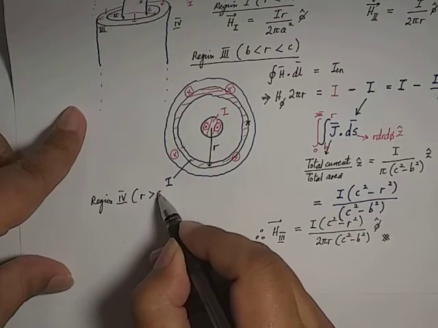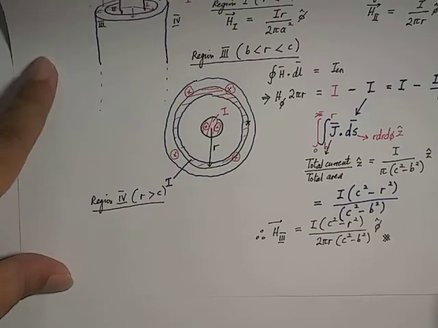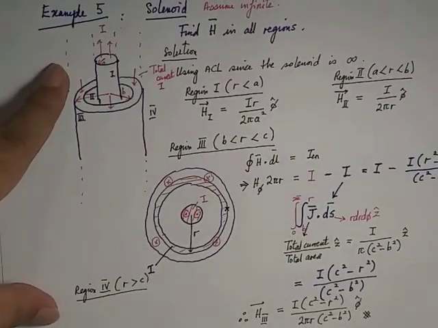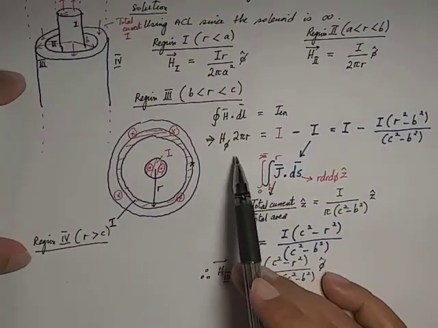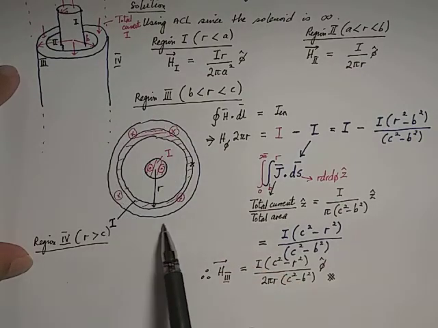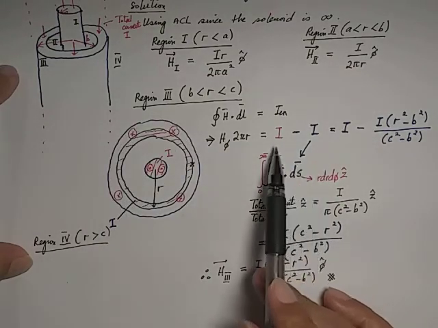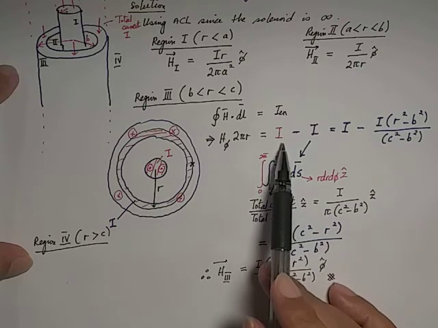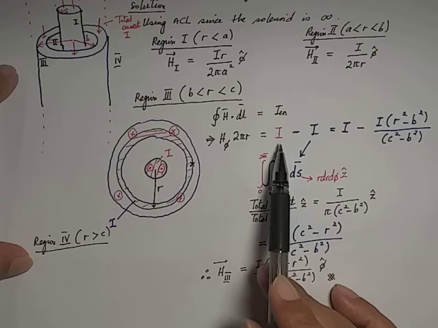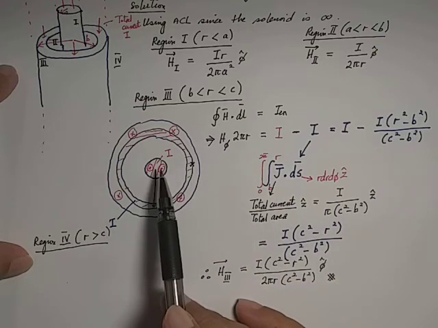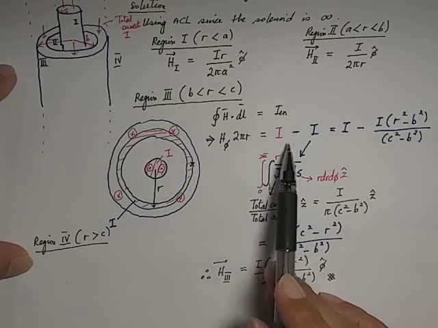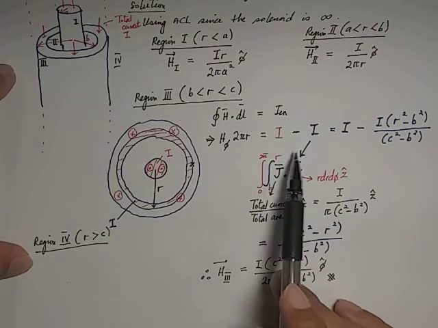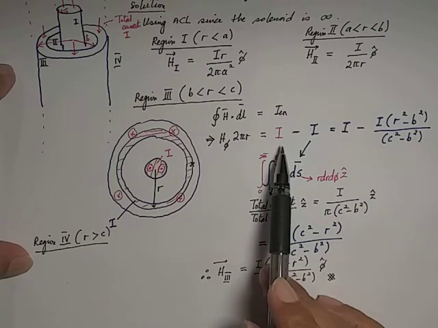R is greater than C. Okay, so in region number 4, our loop is located in region number 4, and based on this equation, we can see the current flow given by the question has the same magnitude, whereby the inner conductor has total current I, and the outer conductor has total current I. Therefore, since the currents flow in opposite directions, the net of the right-hand part of the equation is going to end with 0.